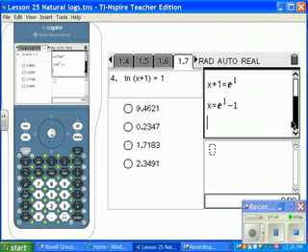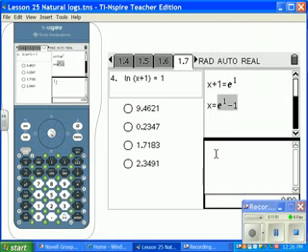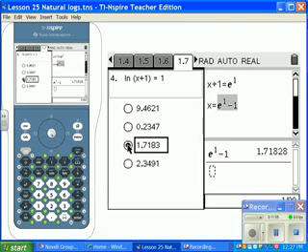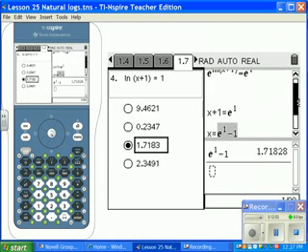Well, we got to get x alone, so subtract the 1, and then find that value. How many people got that right? Can I scroll back up? Sure, that's fine.